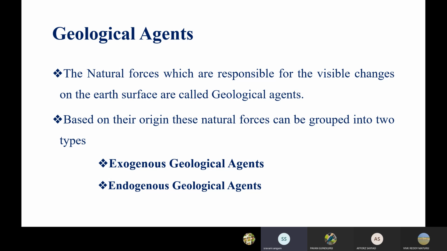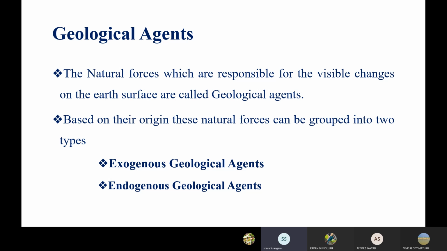So the type of force that visibly changes the earth surface, we call a geological agent. So what is meant by geological agents, we have to write this: the natural forces which are responsible for the visible changes on the earth surface are called geological agents.